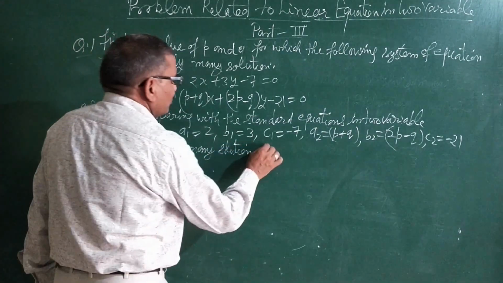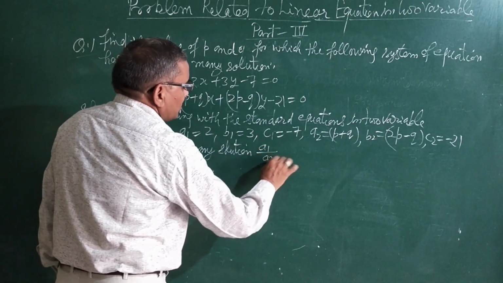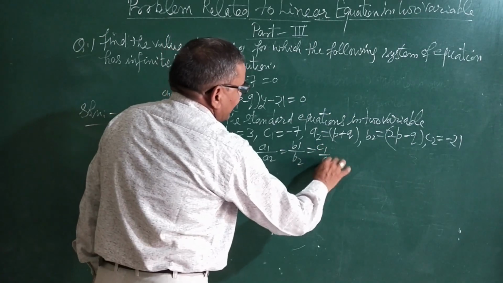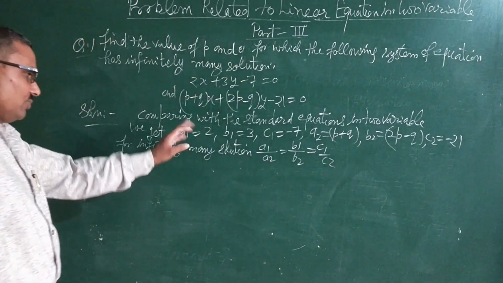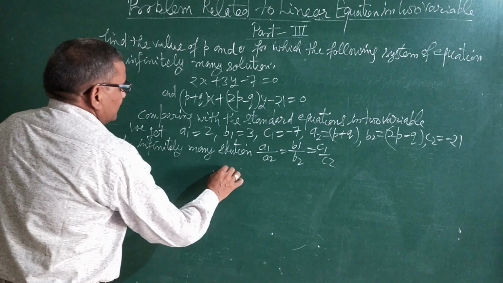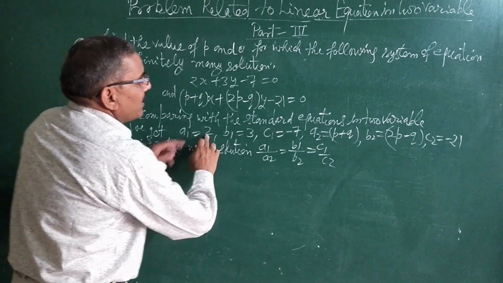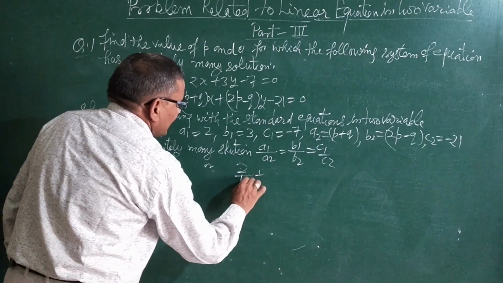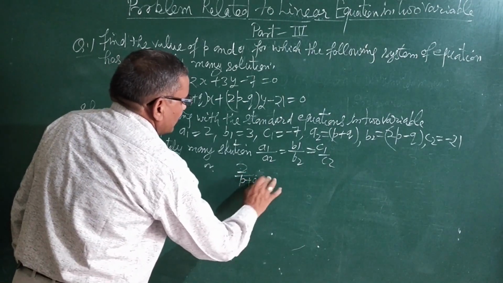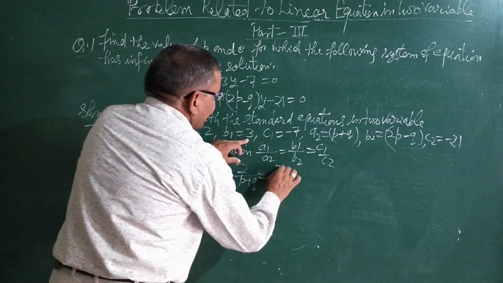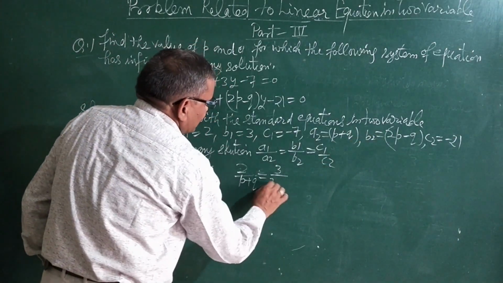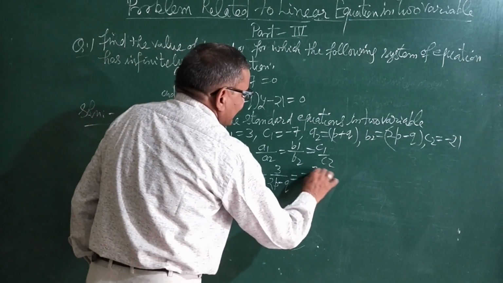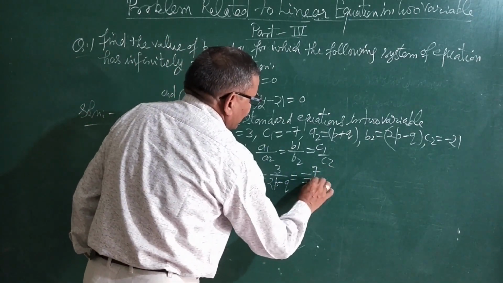A1 upon A2 is equal to B1 upon B2 is equal to C1 upon C2. Substituting values we get 2 upon P plus Q is equal to 3 upon 2P minus Q, and that is equal to minus 7 upon minus 21.